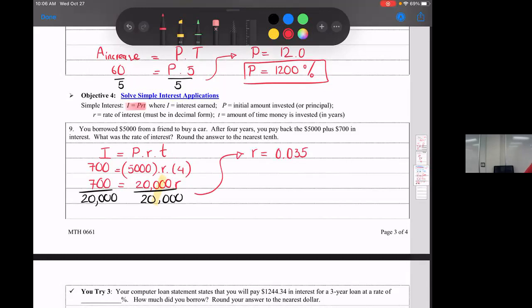Yeah, 35%. I thought 2 zeros after the decimal. Oh yeah. No. 700 divided by 20,000. Oh, I did 70. Yeah. That's crazy. I got 70 on the thing.